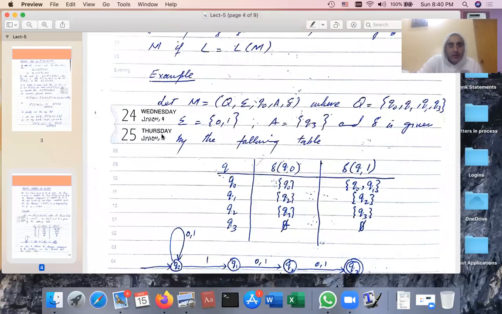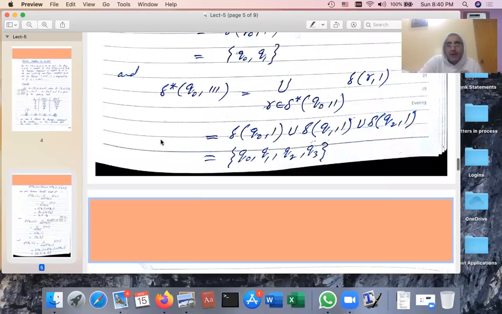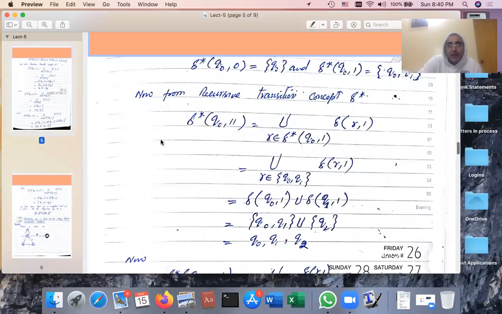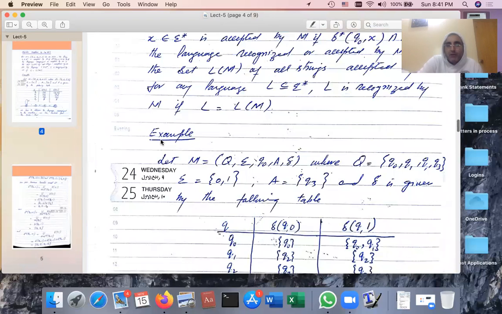And here we have an example explaining the recursive definition of NFA. Using the recursive definition of NFA, we are explaining how an NFA can accept a string or not.